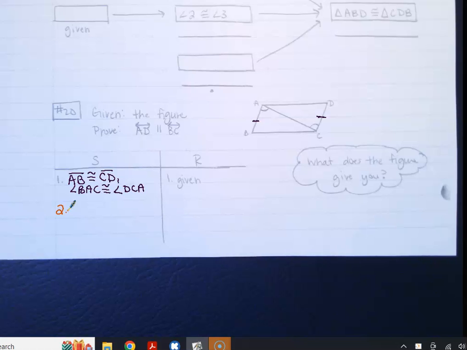But they do share a side. The triangles share a side. What side do they share? Because they're touching. So what side do they share? It's like the transversal.